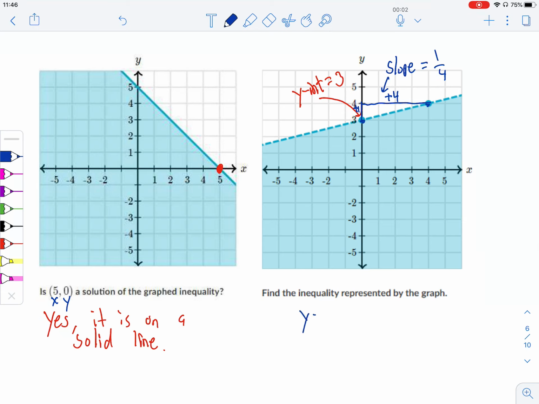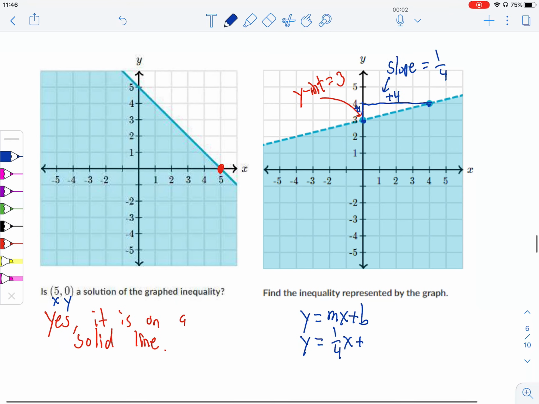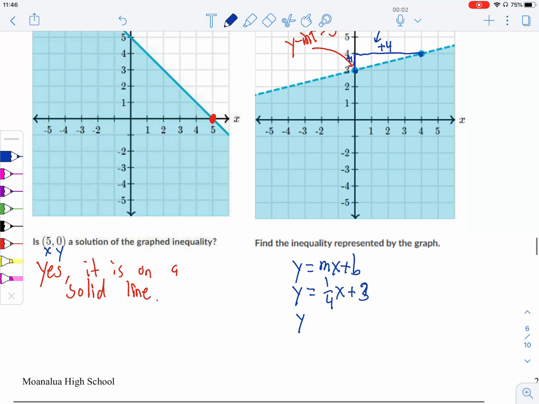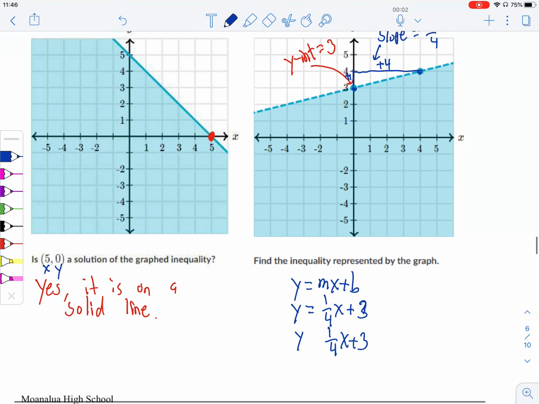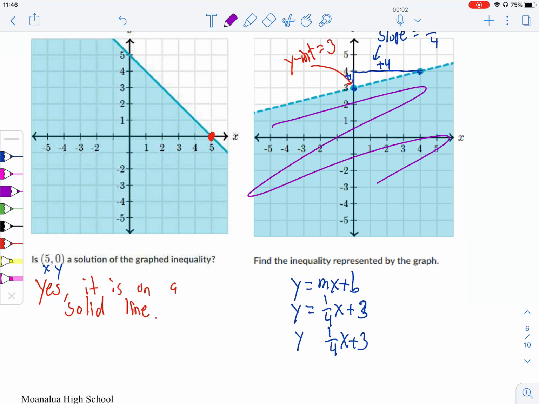So we can just write our equation. We compare it to y equals mx plus b. So we have y equals our m, which is 1/4, next to our x, our intercept is 3, so positive 3. And then we want to write an inequality instead of equals, because it's not just the line. So we're shading, and this one shades below.